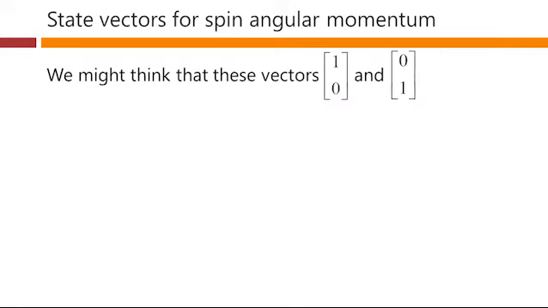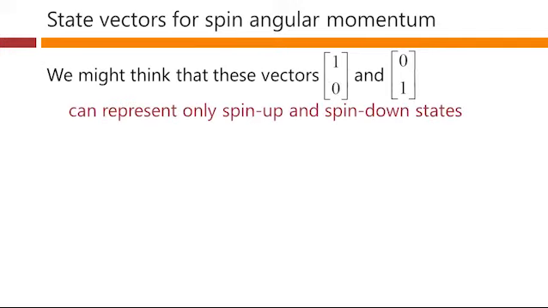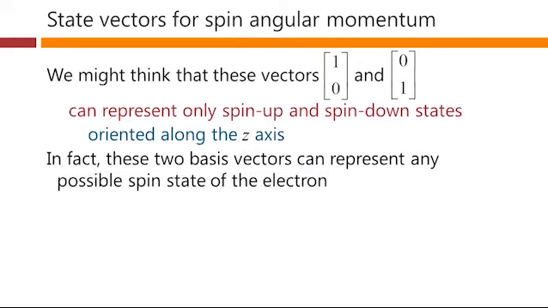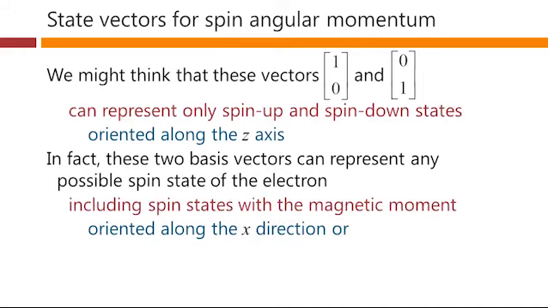We might think that these vectors, 1,0 for spin up and 0,1 for spin down, can represent only spin up and spin down states oriented along the z-axis. In fact, these two basis vectors can represent any possible spin state of the electron, including spin states with the magnetic moment oriented along the x direction or even along the y direction.